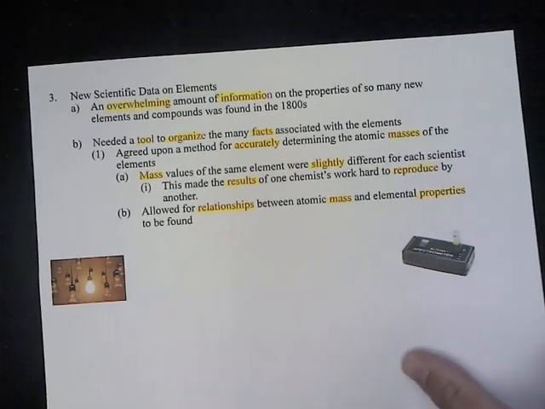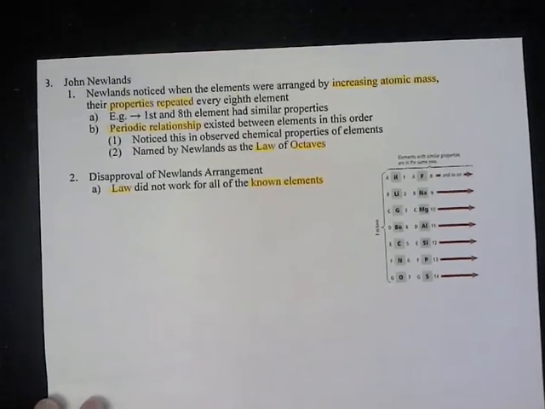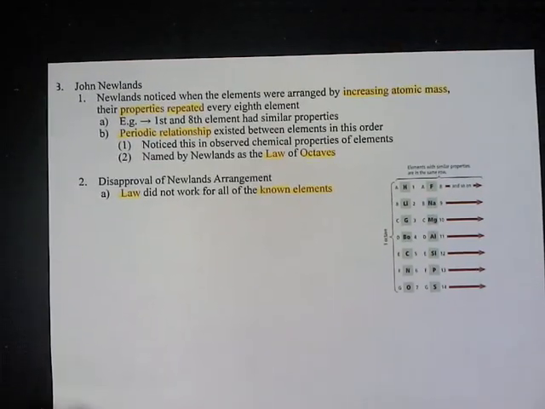So John Newlands, he's the first scientist to put the elements in some type of pattern. What he did here is he put the elements in increasing atomic mass. And what he noticed is that every so often, or periodically, patterns would show up.